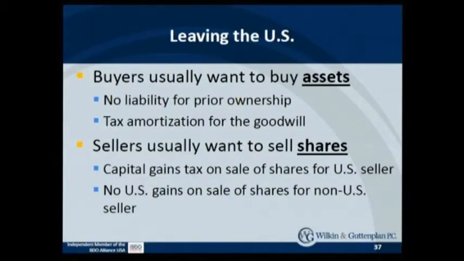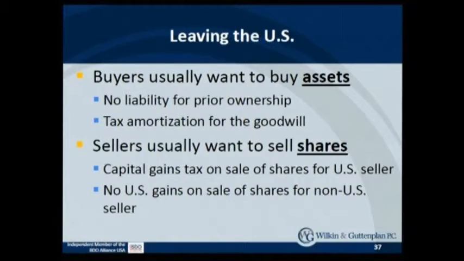Well, there's a conflict between buyers and sellers. A seller, even in a domestic context, will always want to sell shares because one level of tax, capital gains, the seller benefits. A buyer will always want to buy assets because they're going to get a step up in basis of the assets, they're going to get the fair market value, and then they're going to be able to amortize those assets based on whatever the life is.